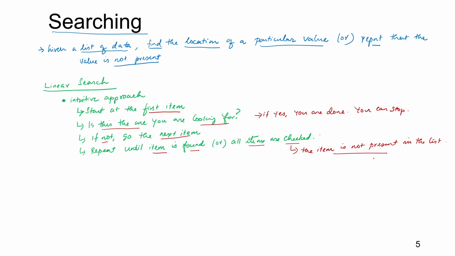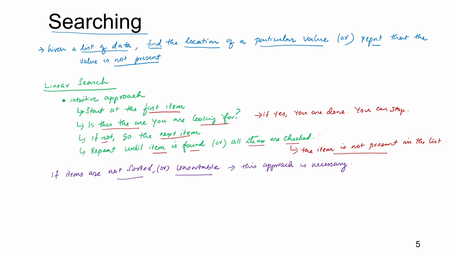Now, if items are not sorted or are unsortable, you can't sort the items, then this approach is necessary. If you cannot arrange these items, or they are not sorted, then this approach usually makes sense.